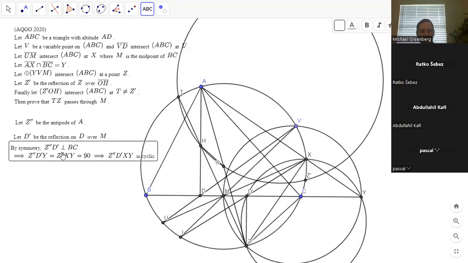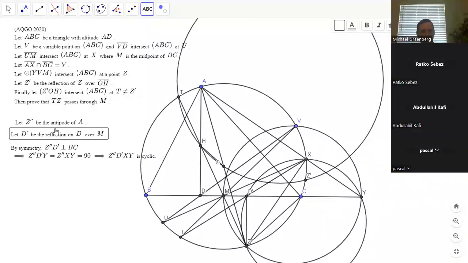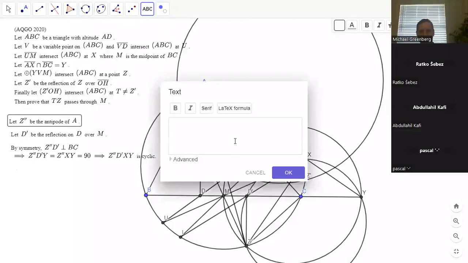Now we can use the butterfly theorem. By the butterfly theorem, VM and XT prime concur at a point I on ABC.